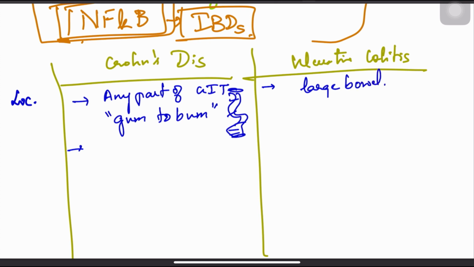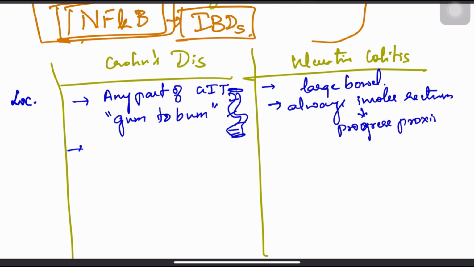It always involves the rectum and might progress proximally. So Crohn's disease can happen anywhere, and ulcerative colitis is usually restricted to the large bowel.